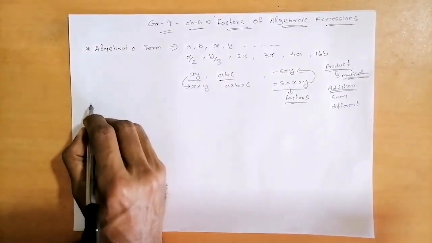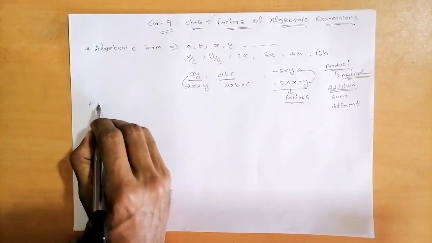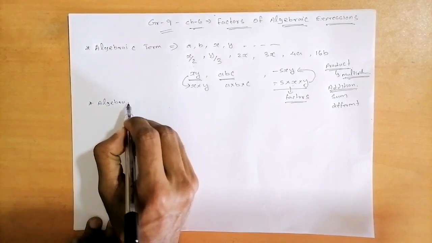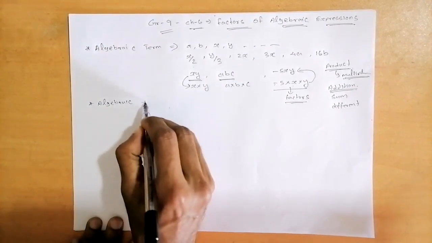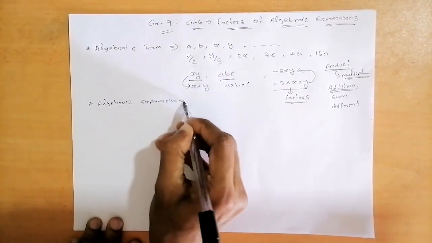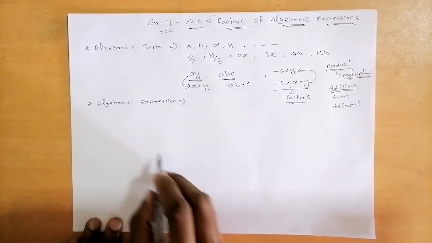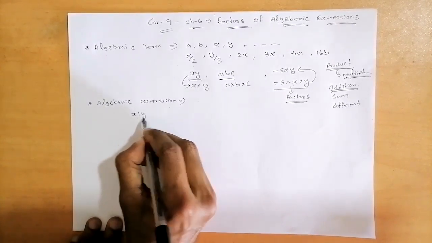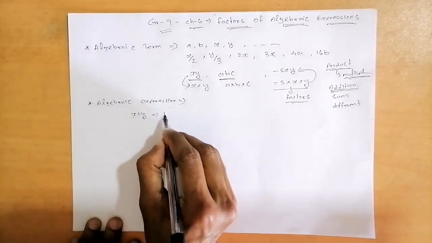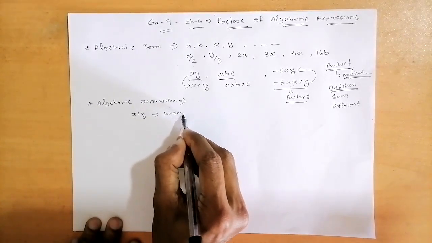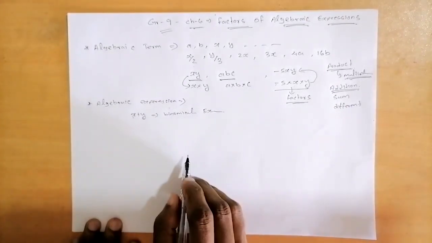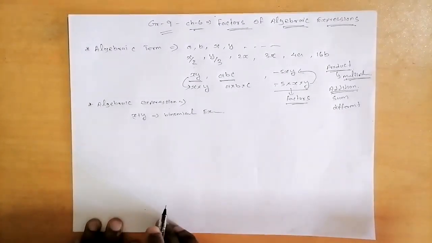The next one we need to recall is algebraic expressions. So what is an algebraic expression? x plus y, which consists of two terms, is called a binomial expression.